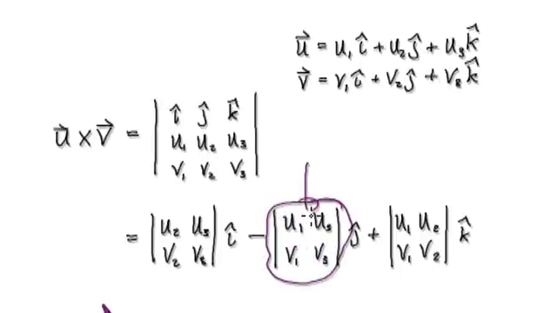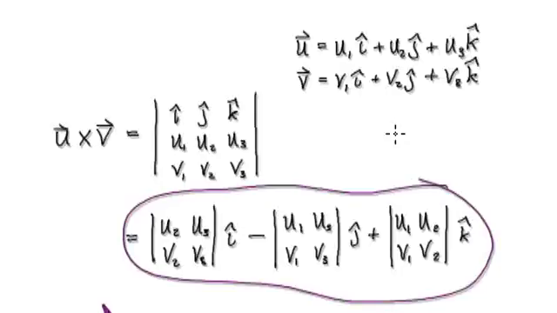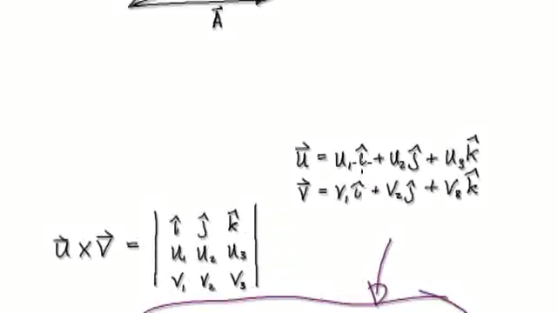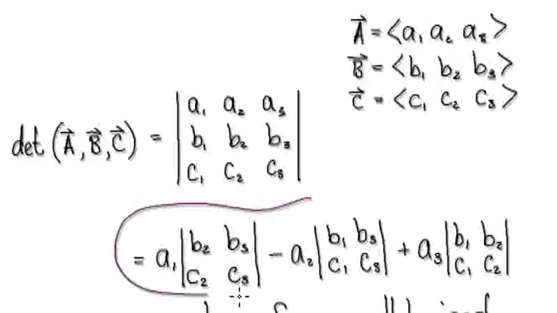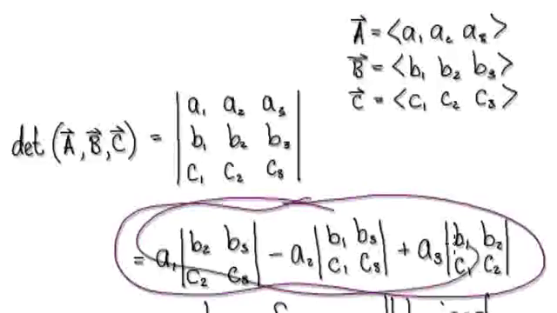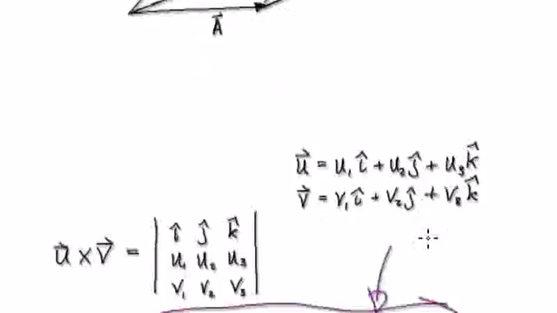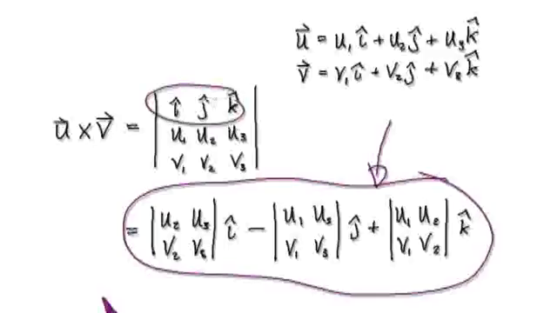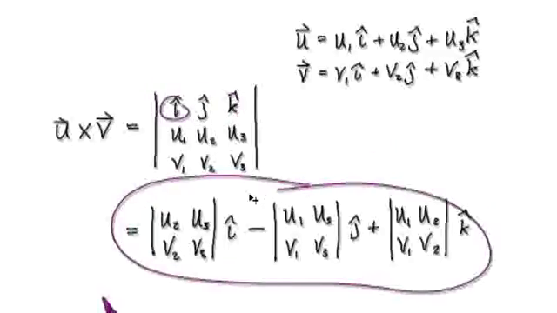So this whole thing here will be a number, this whole thing here will be a number, and then you've got your unit vectors. Up here, this whole thing here is a scalar, is a number. But then down here, when you have these unit vectors here, this whole thing here will be a vector.